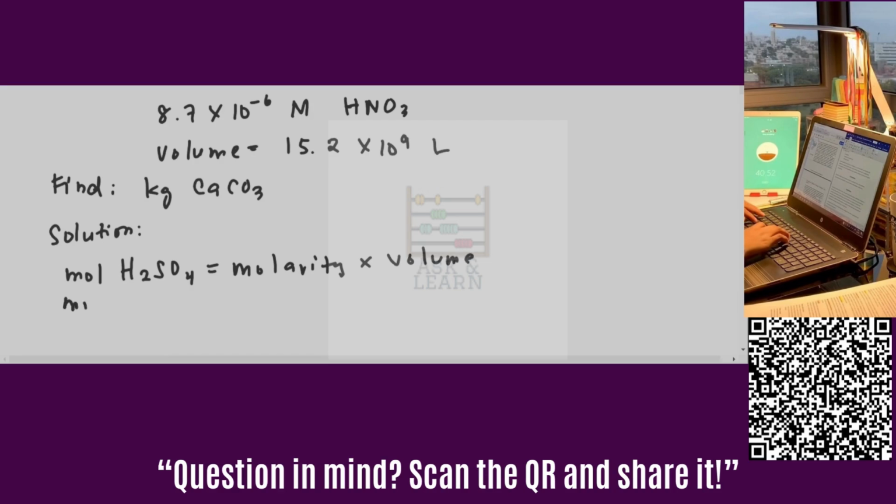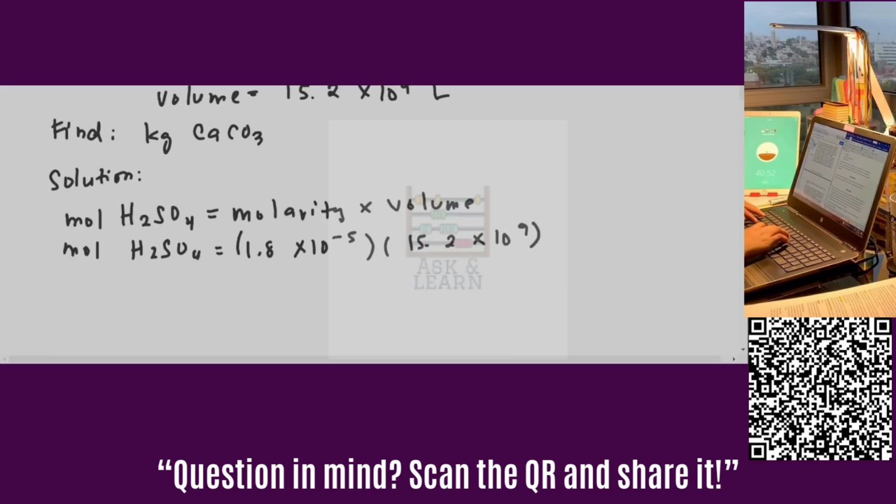So we get for sulfuric acid, that's going to be equal to 1.8 times 10 to the negative 5 times the volume. So multiplying gives us 273,600 moles.